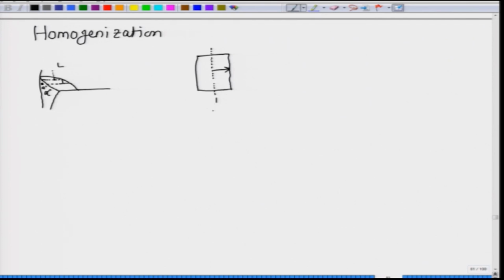Since the center is depleted in solute, if you draw the concentration versus the x coordinate here, you will get a plot something like this, and when a next grain nucleates next to the first grain, this pattern will be repeated. You will see there is a kind of sinusoidal distribution of the solute throughout the microstructure, considering we are dealing with a single phase alpha.